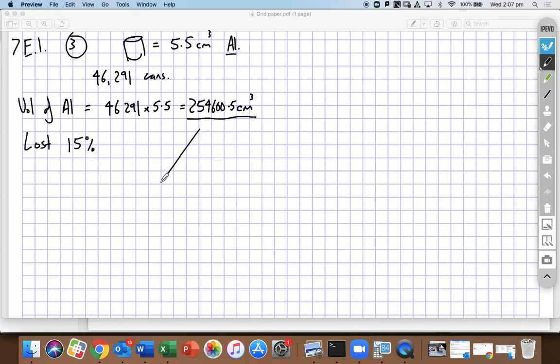And I could really go in two directions from here. I could work out what's 15% of the volume and then subtract that away because we've got a loss.